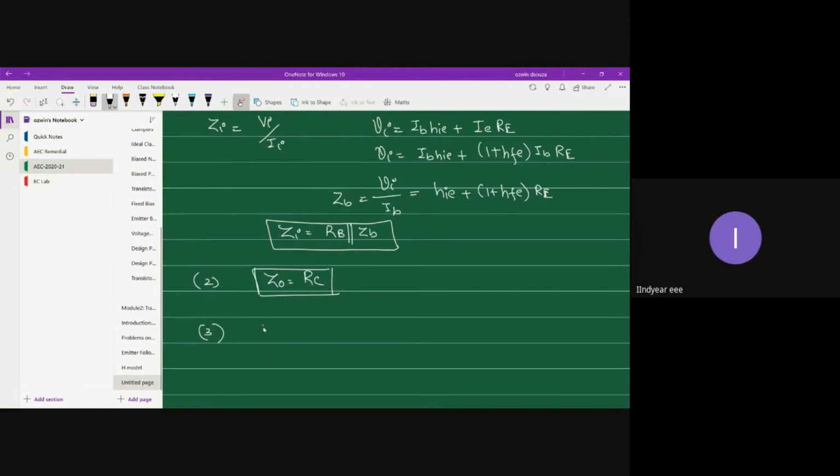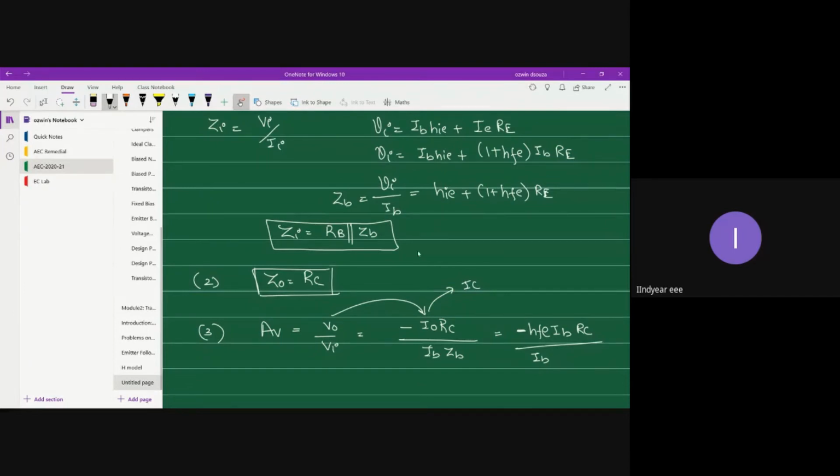Next you have voltage gain AV, which is V0 by Vi. That is minus I0 into RC, because V0 is I0 into RC, and Vi is IB into ZB. And you can also write I0 is IC, so IC is minus HFE into IB, into RC, divided by IB into ZB.